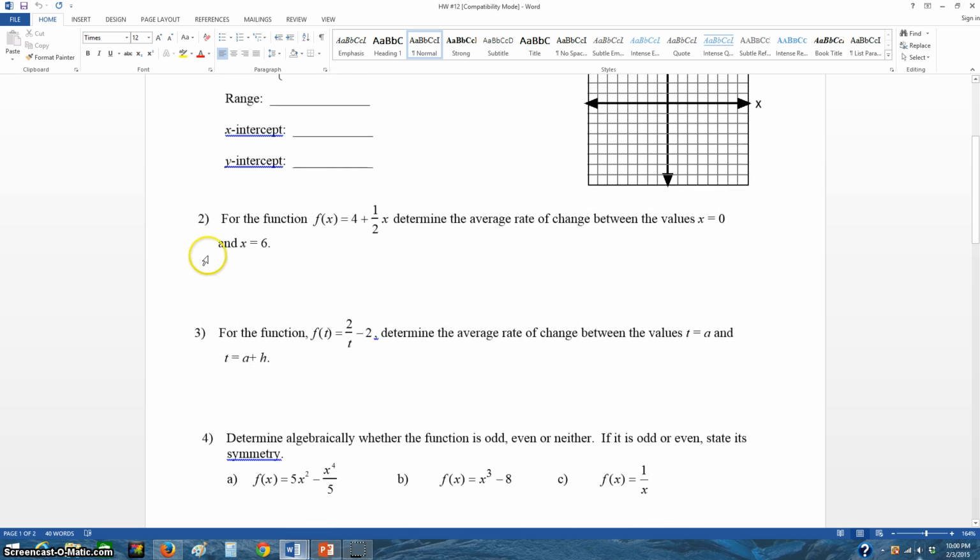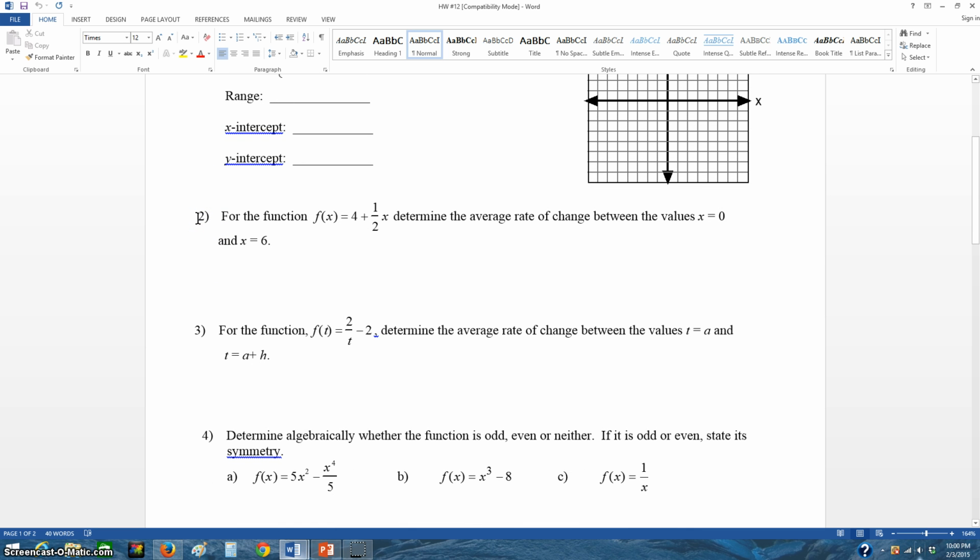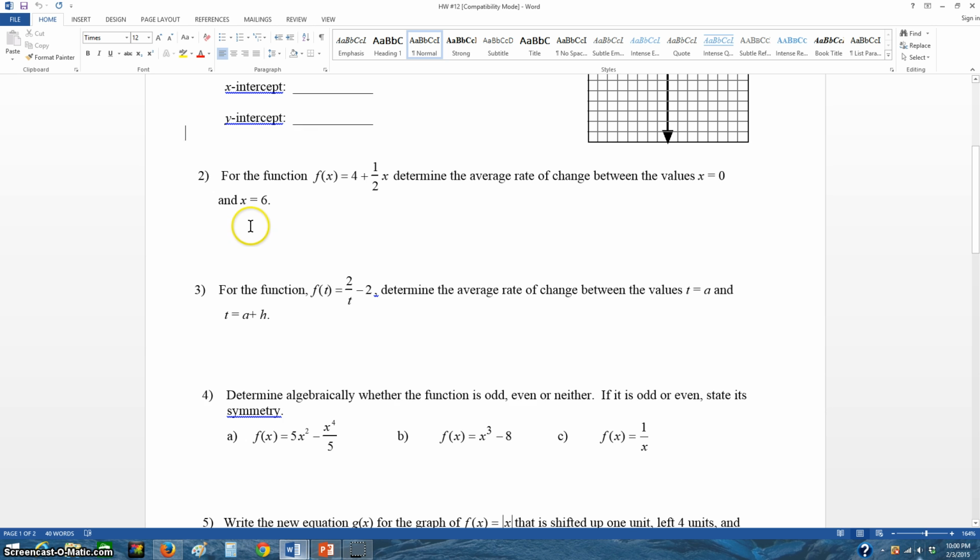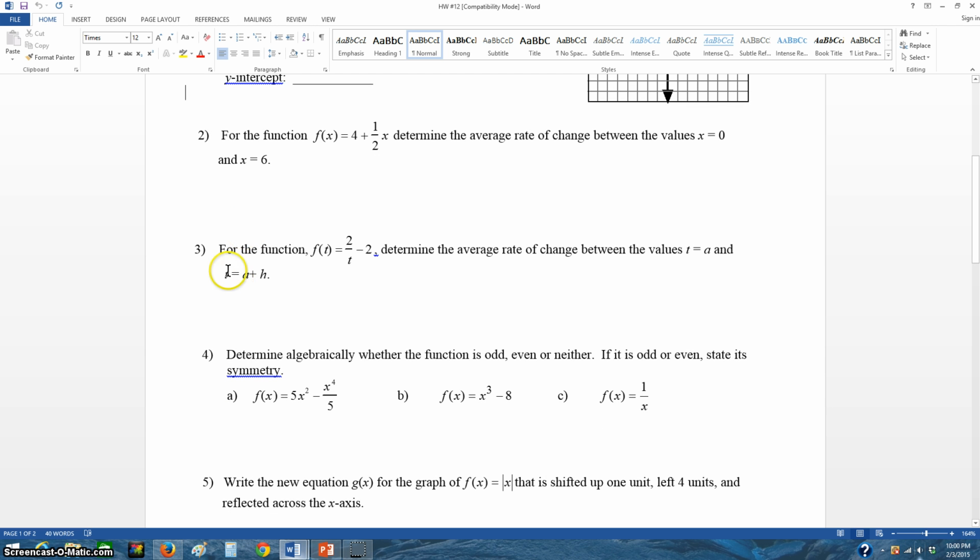And then now you should be able to do 2. That's average rate of change, ARC. Remember, change in y over change in x. It's basically like slope: y2 minus y1 over x2 minus x1. Then we have number 3, which is still ARC.